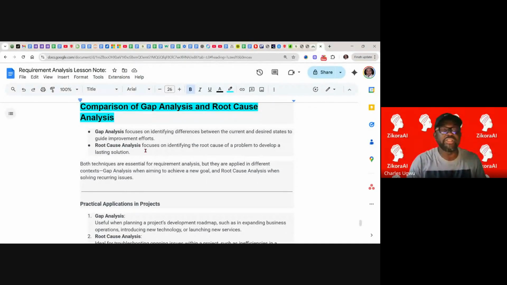Root cause analysis focuses on identifying the root cause of a problem and developing a lasting solution. Both techniques are essential for requirement analysis, but they are applied in different contexts. Gap, when aiming to achieve a new goal. Root cause, when solving your current problems.